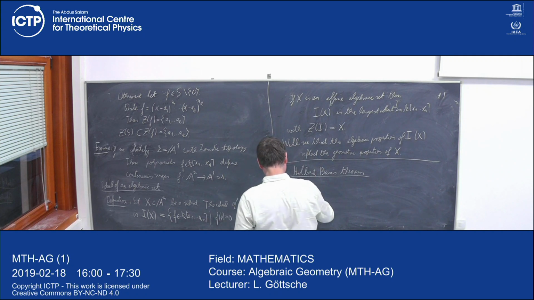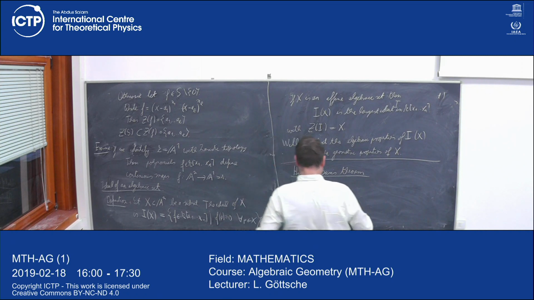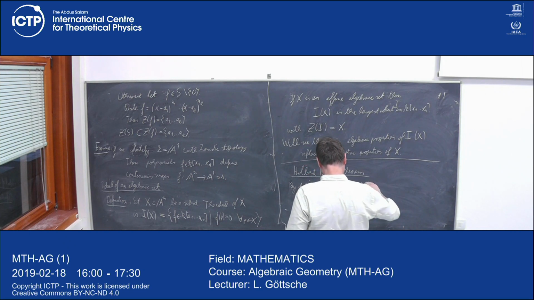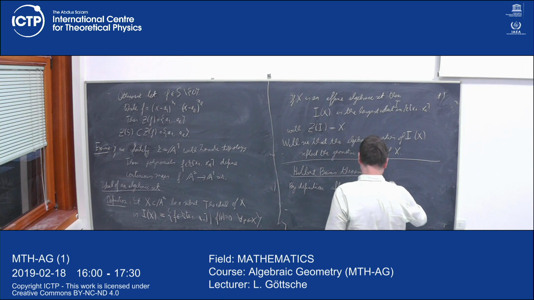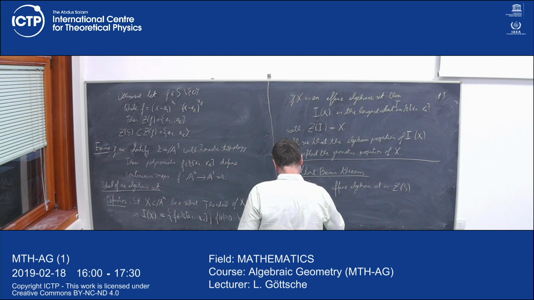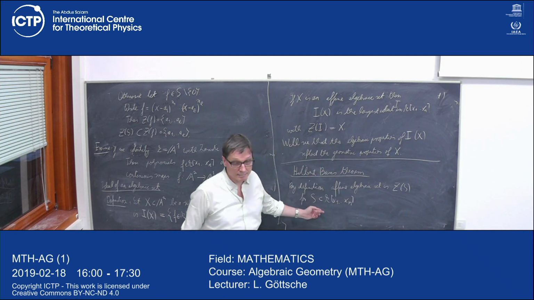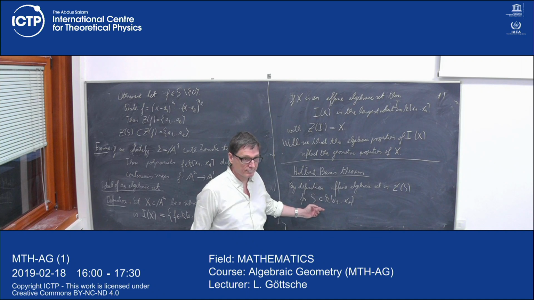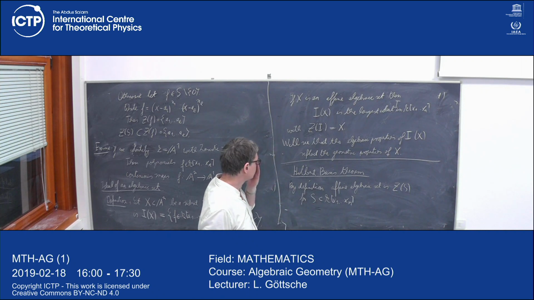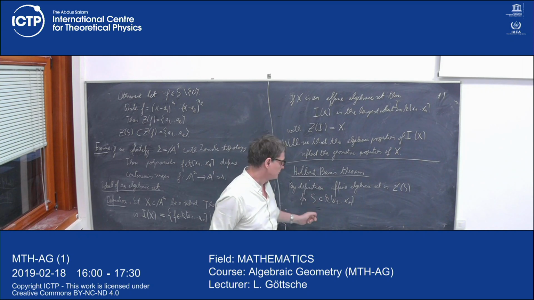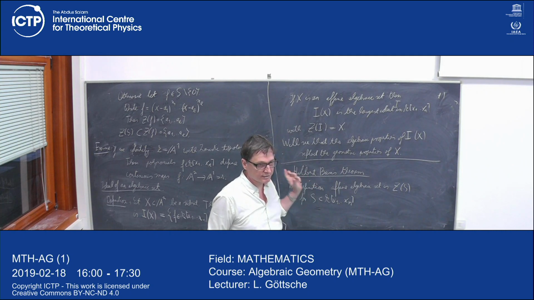By definition, an affine algebraic set is a set of the form Z of S, for S a subset, so a set of polynomials. Obviously this could be a very big set of polynomials, certainly an infinite set. So our first motivation is to see that we can always choose S to be finite. So every affine algebraic set is a common zero set of finitely many polynomials.